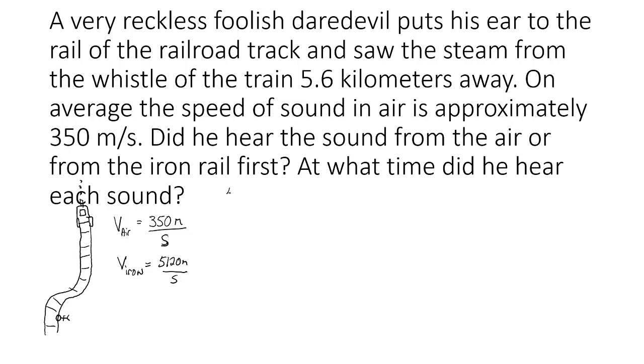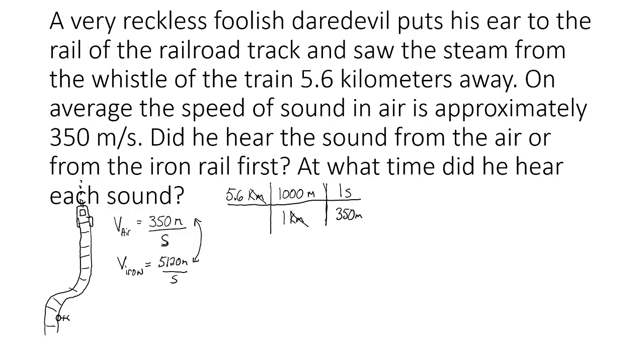So we'll start with 5.6 kilometers. You notice that both of these formula units are in meters per second, so we need an equivalent unit. So we're going to say 1 kilometer is equivalent to 1,000 meters. And then kilometers are gone, and we want seconds. So we're going to use the reciprocal of my formula unit. And we'll start by calculating the time in air. So every 1 second, it's going to travel 350 meters.